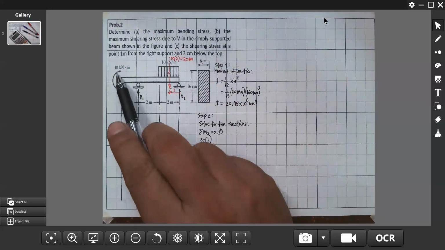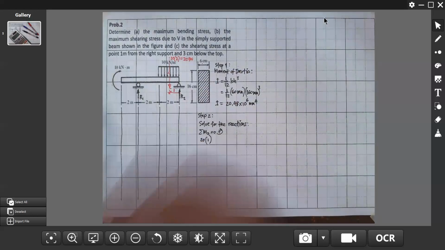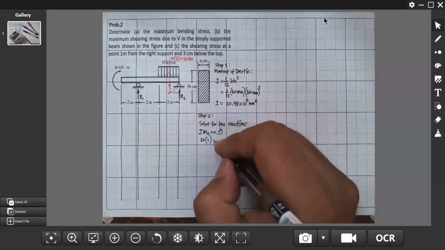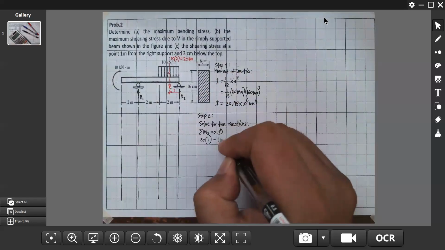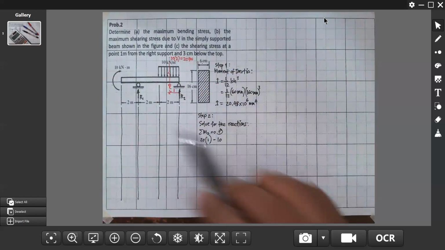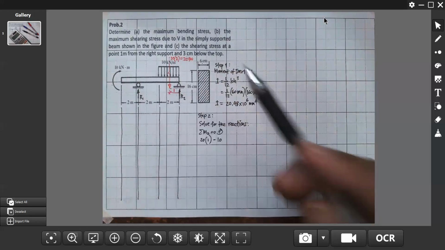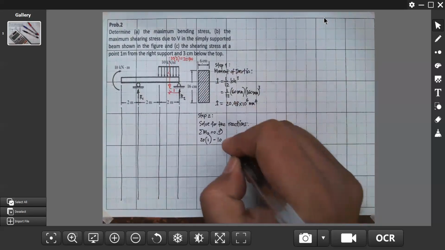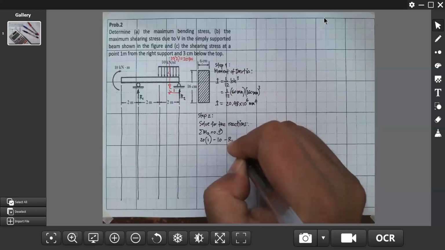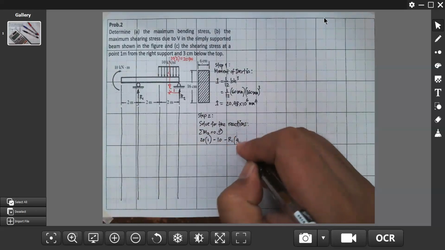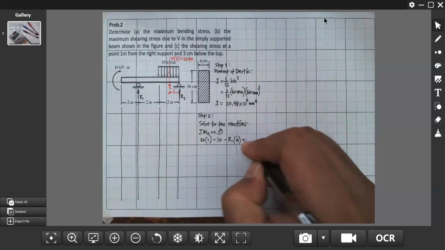And the given couple moment 10 is clockwise and negative, minus 10. No distance, since it's a moment. And then the moment of R1 is negative, also clockwise. Negative R1 times distance 4 equals 0.